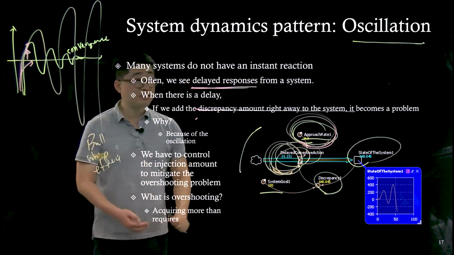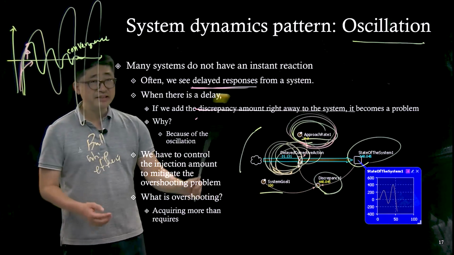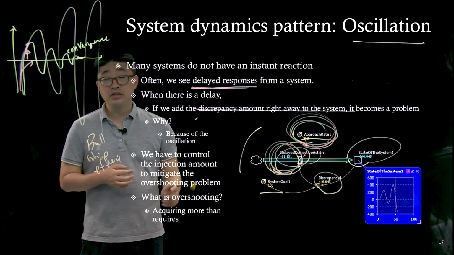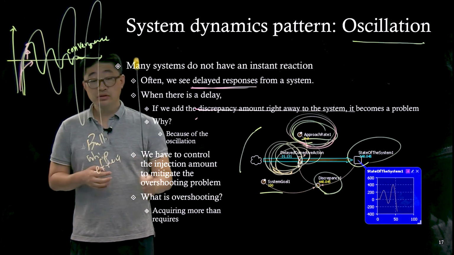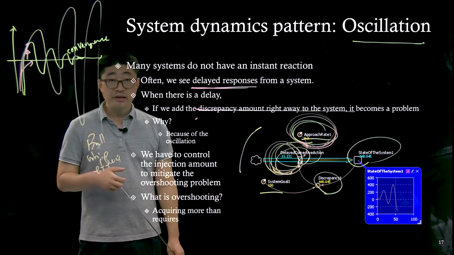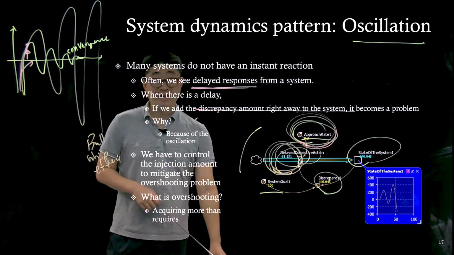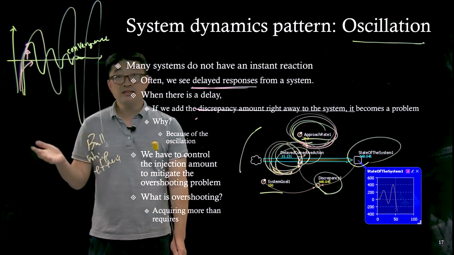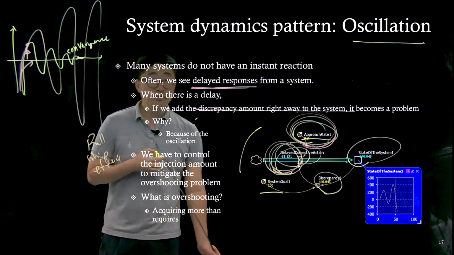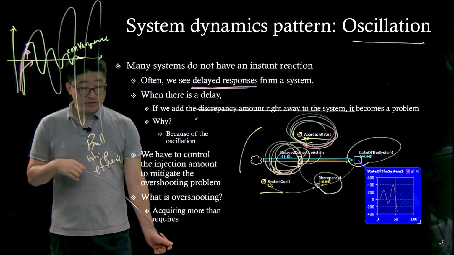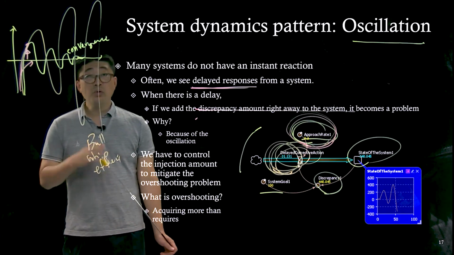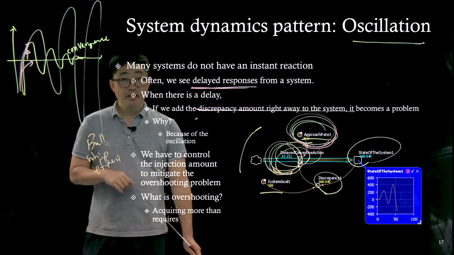These two factors control the convergence speed, and they will determine whether it will converge or turn into a big oscillation of the bullwhip effect. So these are the three basic patterns of system dynamics, and I hope to see you in the classroom, where we are going to explore more system dynamics on your own topic.